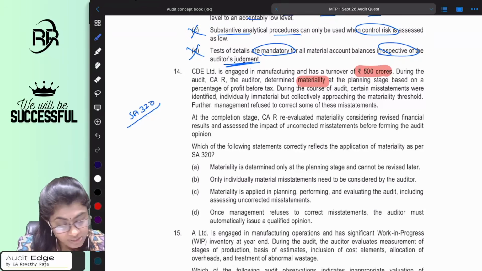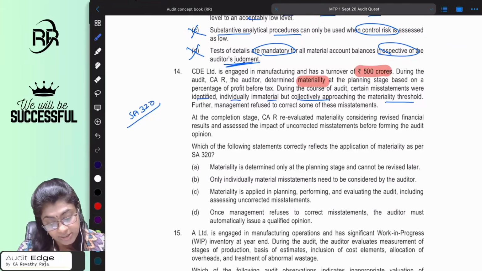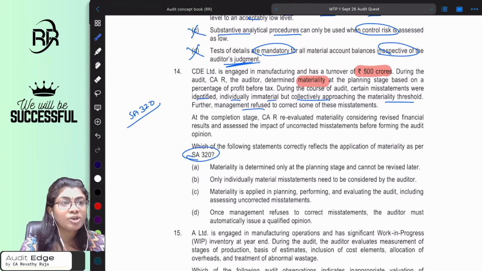During the course of audit, certain misstatements were individually identified as immaterial but collectively approaching materiality. You call it performance materiality. Further, management refused to correct some of these misstatements. At the completion stage, the auditor evaluated the materiality considering the revised financial results and assessed the impact of uncorrected misstatements before forming the audit opinion. Which of the following is as per 320?